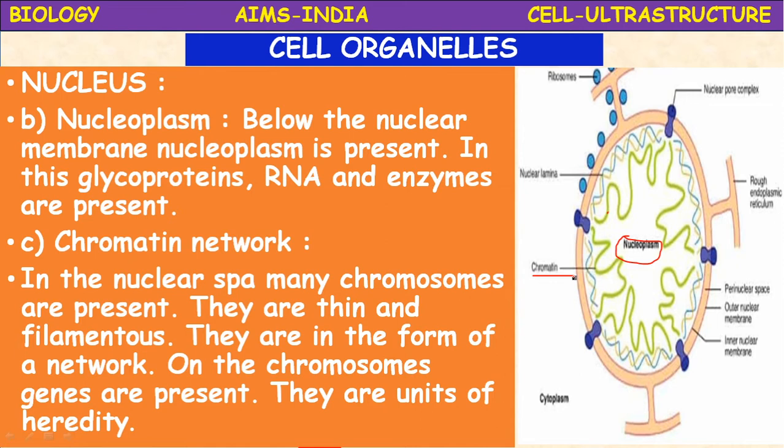They are in the form of a network. Network means a net, twisted threads will be present, like that. On the chromosomes, genes are present. These genes are called the units of heredity.